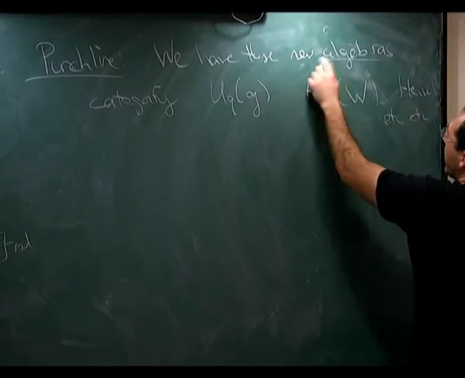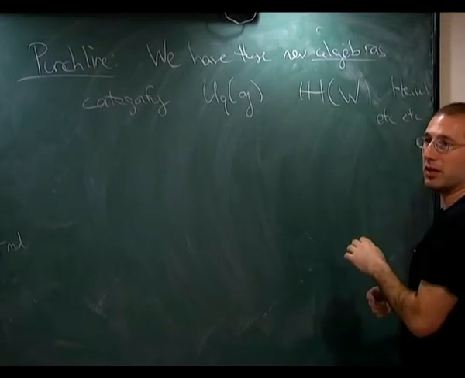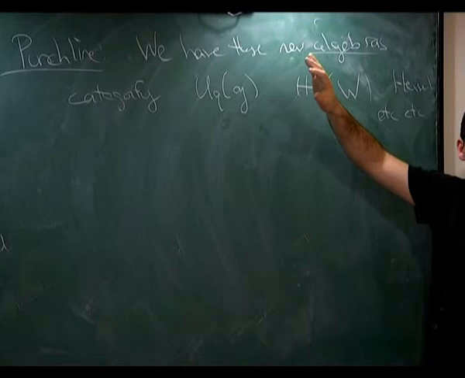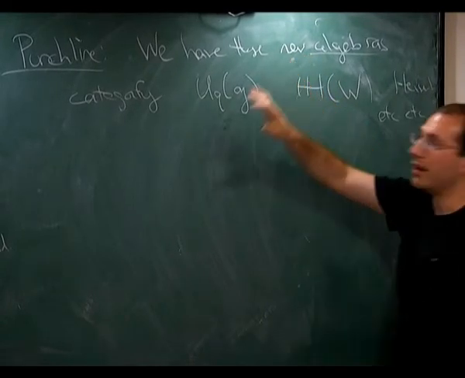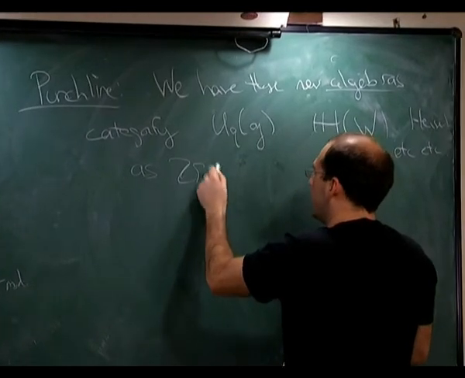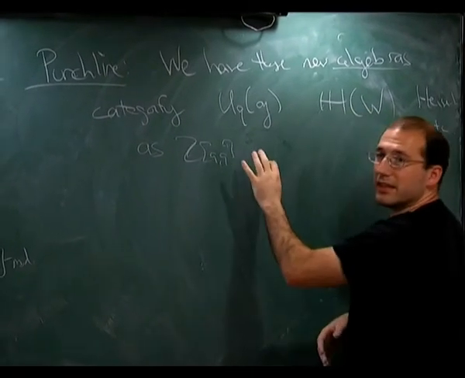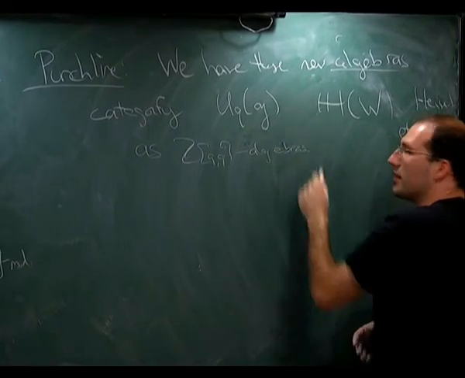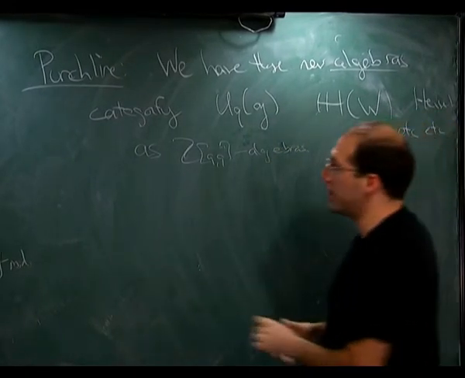So you take the category of modules over some fancy algebra, take its Grothendieck group, and it's something that we used to love. Right now, I'm just saying what was already done as Z[q, q^-1]-algebras.